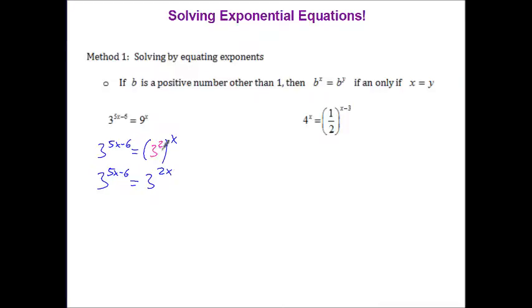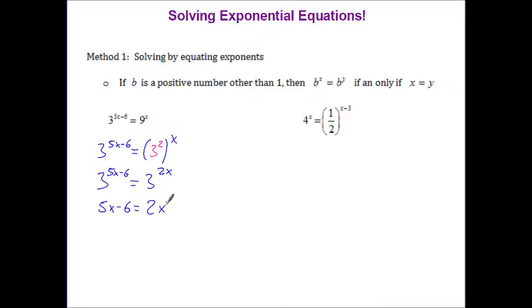Remember, when we raise a power to another power, we multiply the exponents. And now we have two bases that are the same. Both have base 3, so we can now just take the exponential expressions, 5x minus 6, and set that equal to 2x. And now we're going to solve for x.